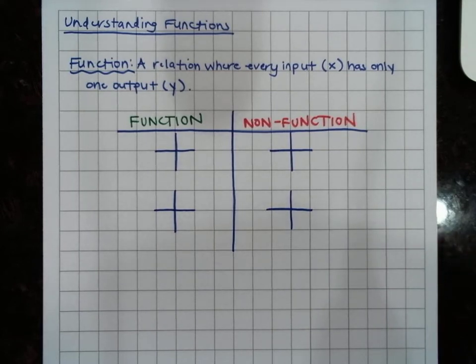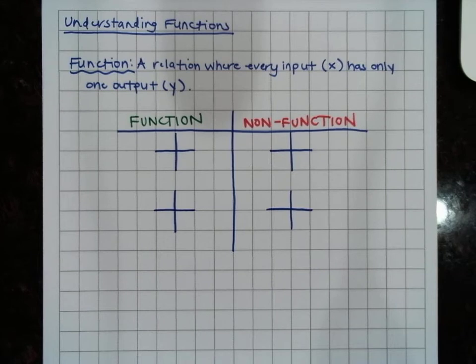Think of that as a function. So we're going to be talking about a function machine. If every time you push the Coke button, you get a Coke, and every time you push the Sprite button, you get a Sprite, then it's functioning. It is a function, okay?